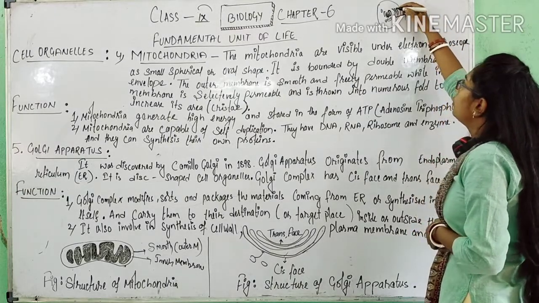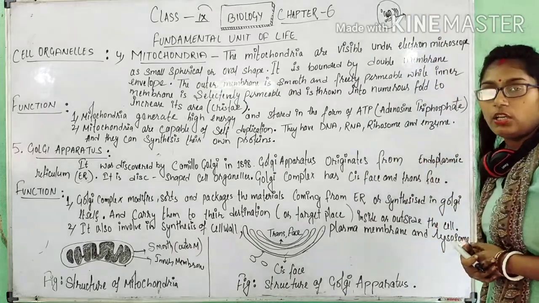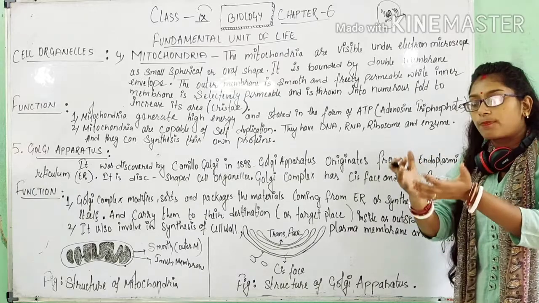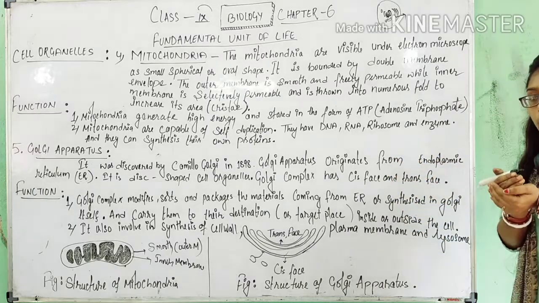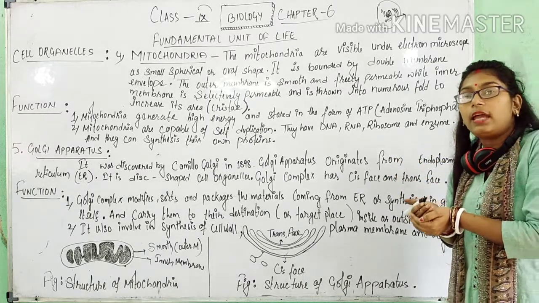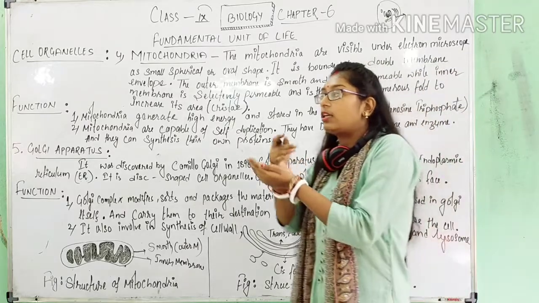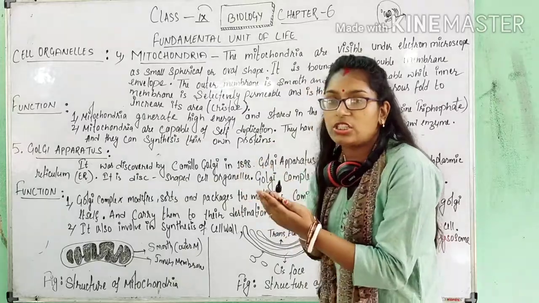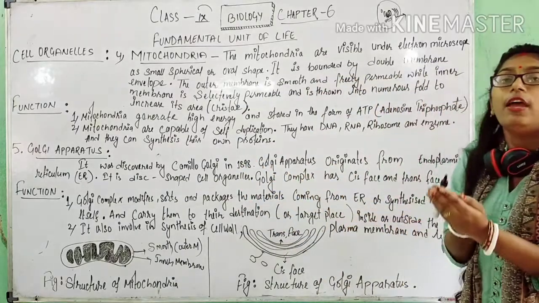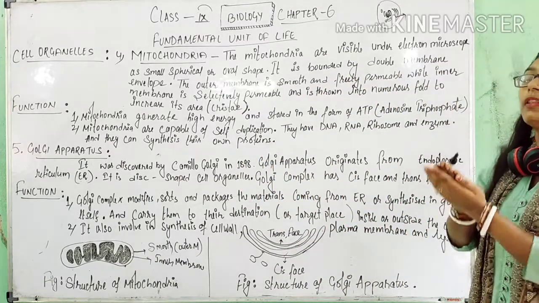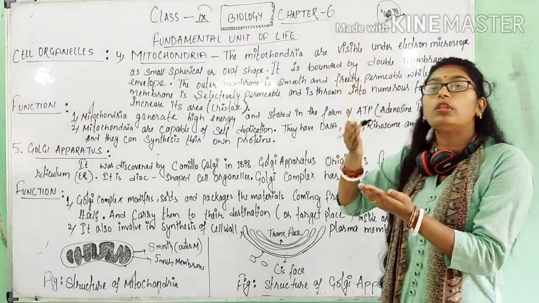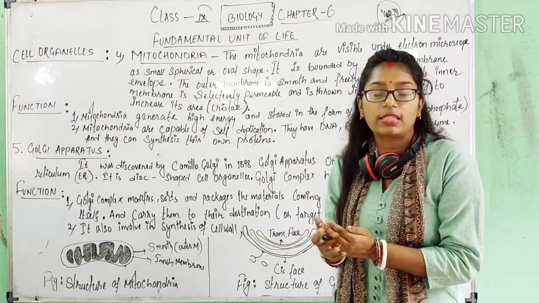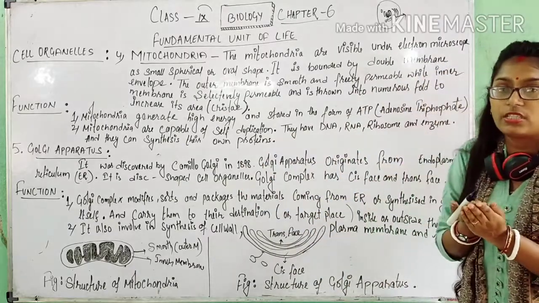the nutrients or the materials, food items or the materials that are stored in Golgi apparatus, and then उसको स्टोर करके रखना, मॉडिफाई करना, उसको अच्छे से मॉडिफाई करके स्टोर करके पैकेज करके रखना is the function of Golgi apparatus, and then that is carried out to the target places या फिर within a cell or outside the cell wherever the material is required.